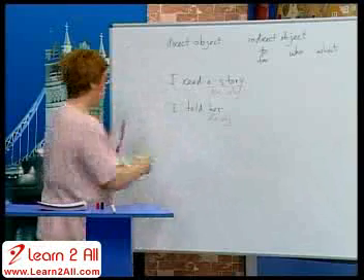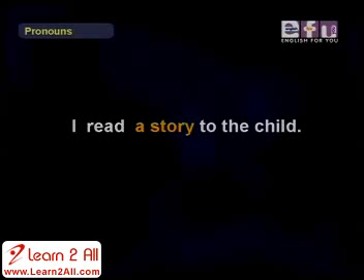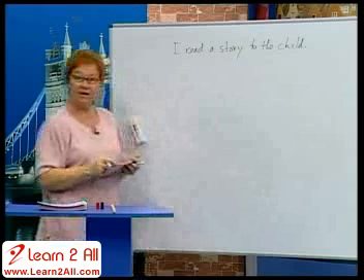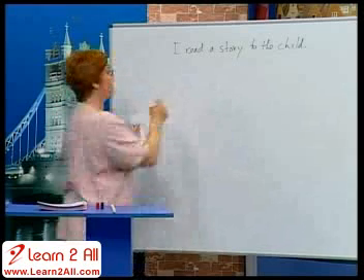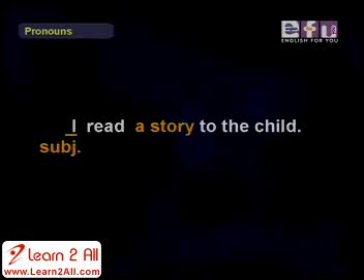Now, here are some more sentences. And let me make some room here. I read a story to the child. Now, let's look at this sentence. Subject, I. Read is the verb.